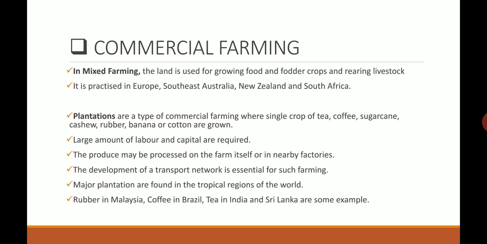The transport network plays an important role and is very essential for such commercial farming, because if the transportation cost is less, then it will have an impact on the final cost. Major plantations are found in the tropical regions of the world. Rubber in Malaysia, coffee in Brazil, and tea in India and Sri Lanka are some examples of plantation farming.